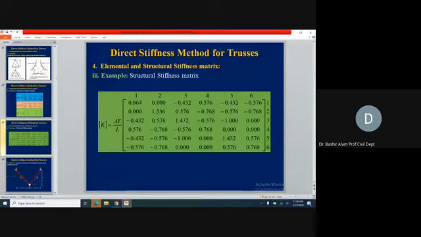This is how the structural stiffness matrix is made out of these elemental stiffness matrices. तो elemental stiffness matrices में हम क्या करते हैं? We identify the element, इसका starting point, end point हम identify कर लेते हैं। Starting point पे अपना angle आप establish करेंगे। कैसे आप establish करेंगे?